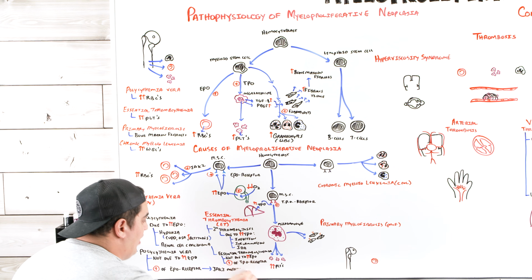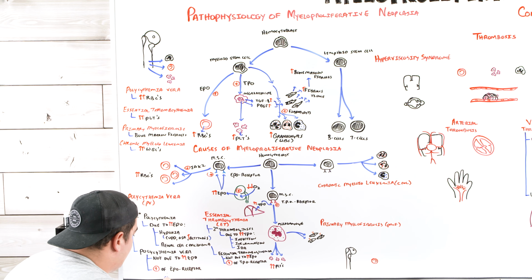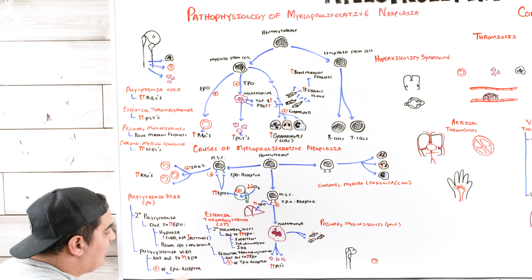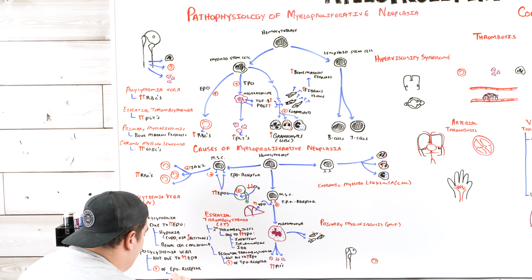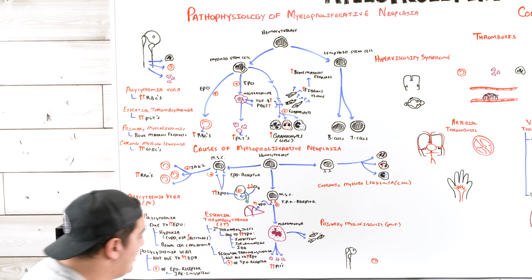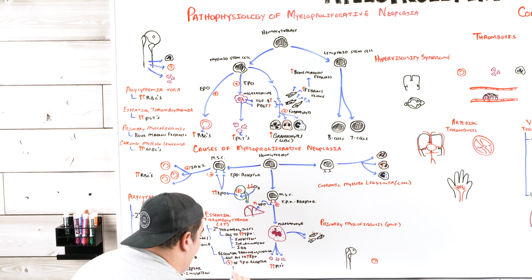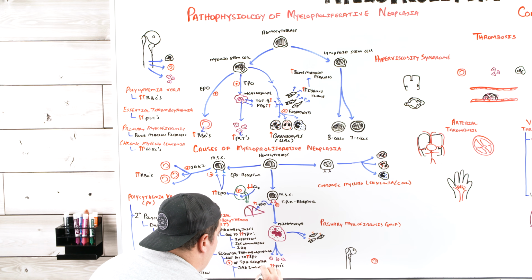So here, let's do this so we can make room. It could be a JAK2 mutation that is causing the autoactivation of the EPO receptor intracellularly. So again, could be a JAK2 mutation. And also on this one, it could be due to a JAK2 mutation.